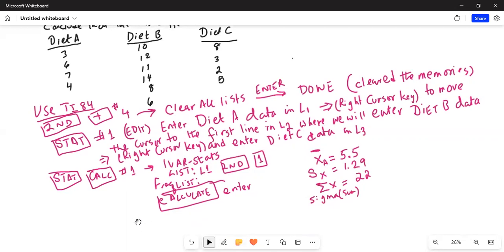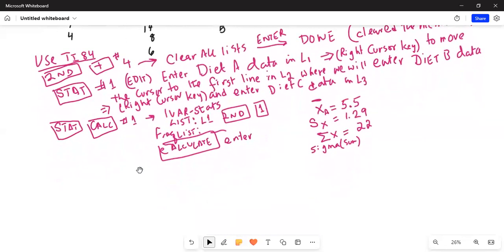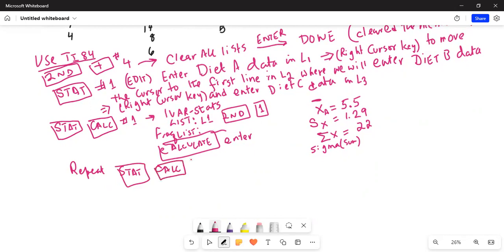So repeat: stat, calc, number 1, 1-Var Stats. List is L2.